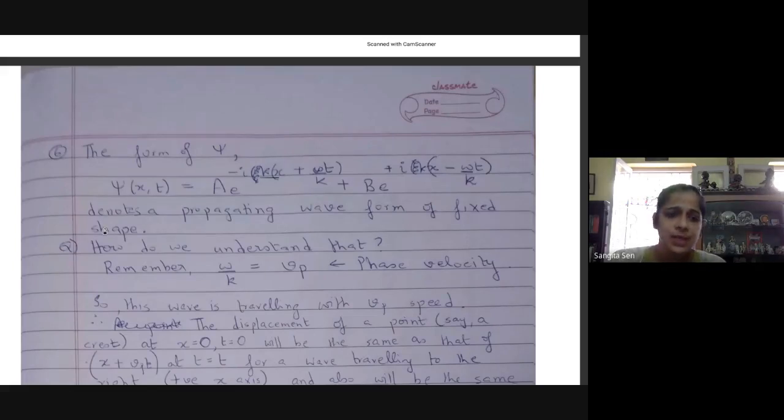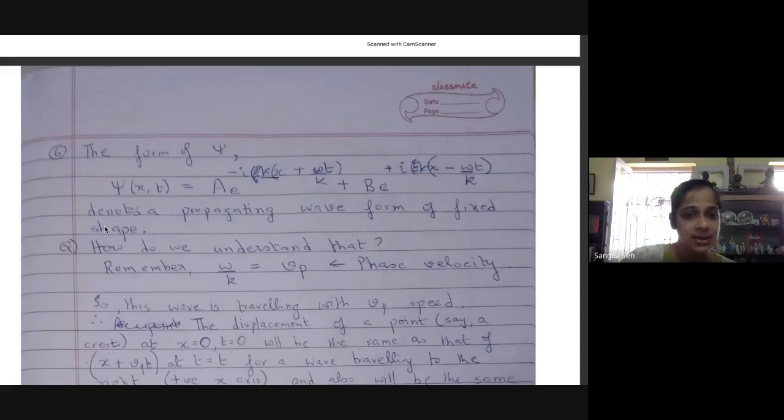If you recall, when we studied wave packets, they can either have a fixed form and move with some net velocity, which, if you remember, is called the group velocity, or they can also have a change in waveform. So if you just think of waves, you can have a fixed form wave packet moving, or you can have the wave packet moving but changing its shape as it moves.